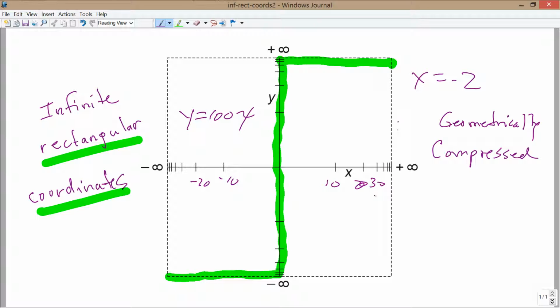It's kind of intuitive. I haven't rigorously proven that, though, that 10 times infinity equals infinity. I'm just asking you to take that on faith. 10 times infinity equals infinity. 10 times minus infinity equals minus infinity, and so on and so on.